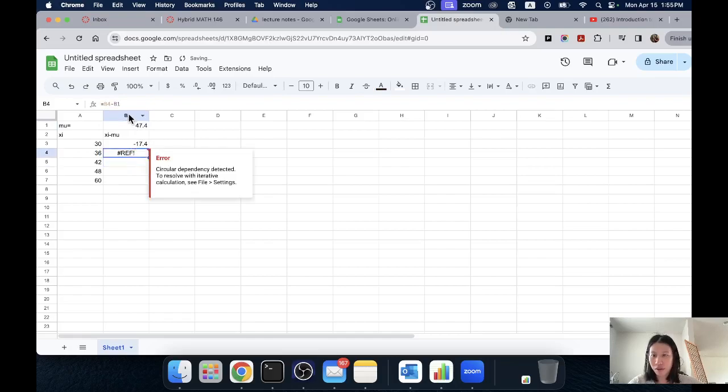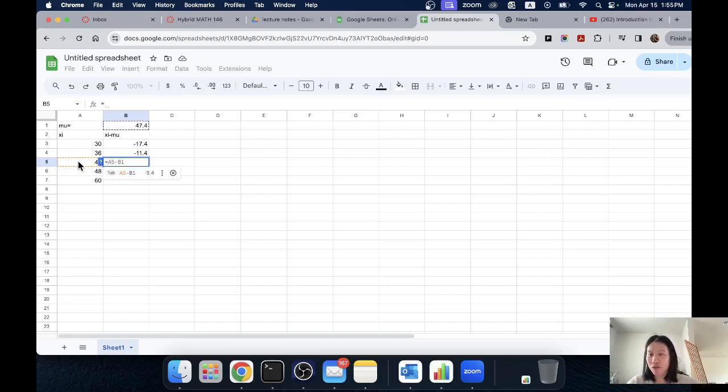Oops, sorry, which part did I do wrong? Let me do this again. So equals to this guy, subtract. And the next one, see, they already automatically predict that you want to use A5, which is the 42, subtract B1, which is the value of 47.4. And then we can just hit return.